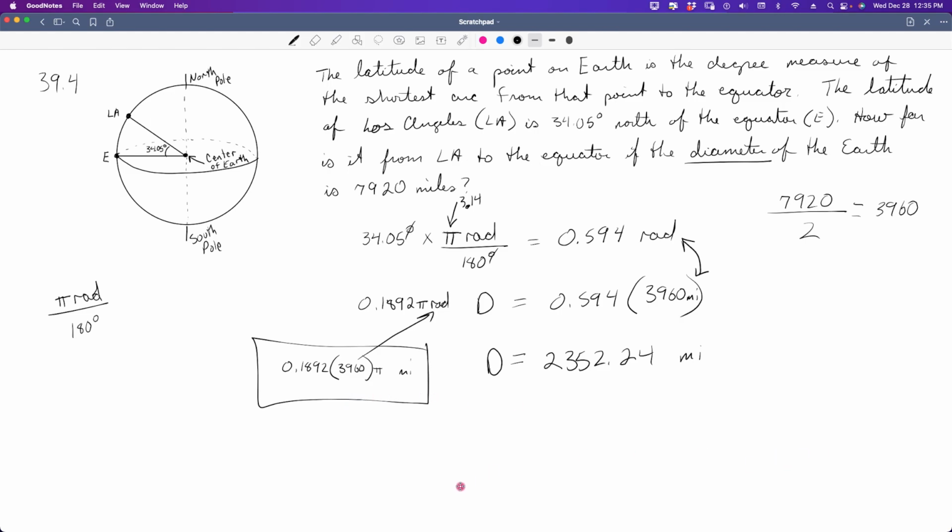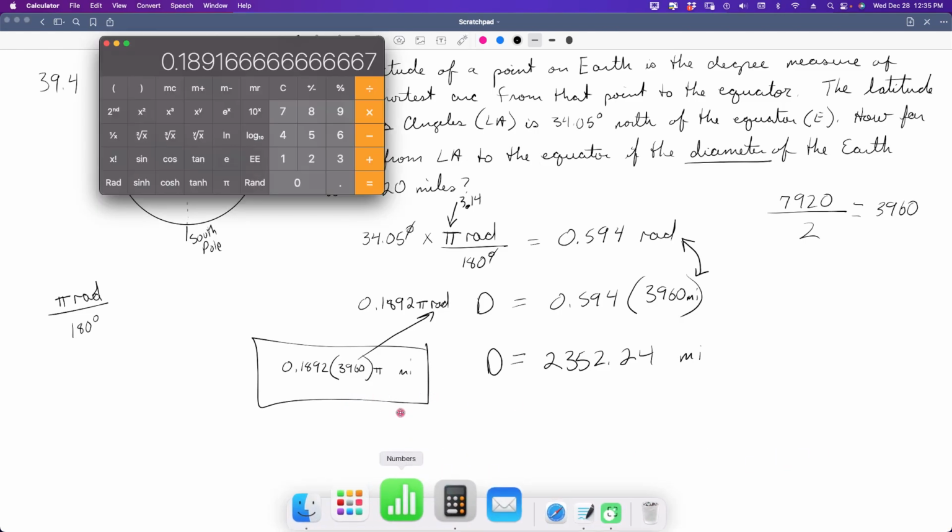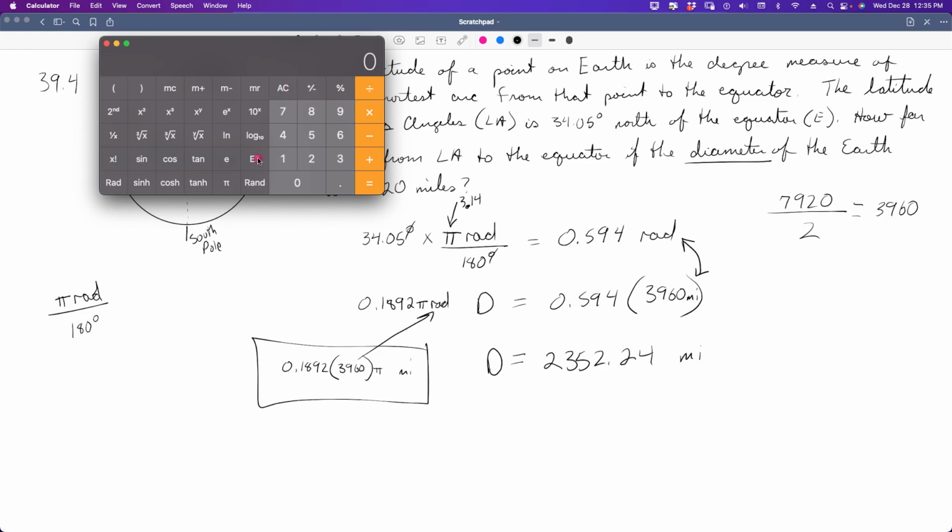All right. I guess the more accurate way to do that on the calculator would be to say 34.05 divided by 180 equals, times 3960 for the radian length.